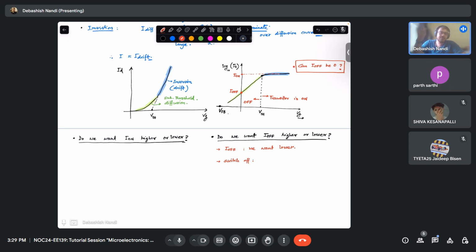Means what is switching off? Switching off means you are putting your VG to 0, right? That means you are just plugging out your power supply. Then what do you expect? How much current there should be? Zero. But what will happen if the current is not 0?